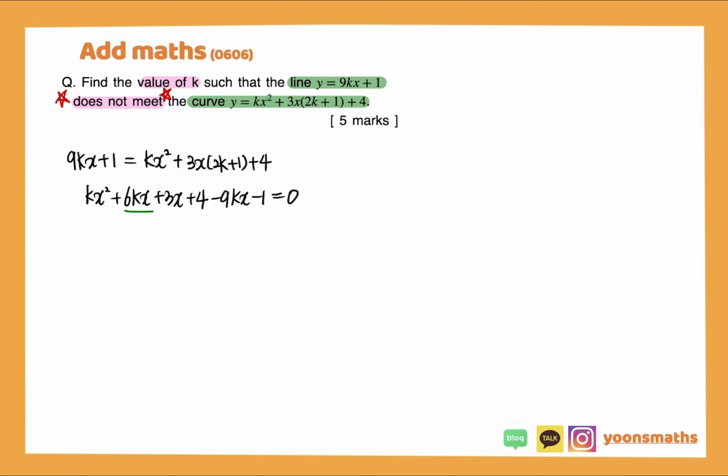These two terms have the same kx, so we can subtract them and write it as minus 3kx. And the rest is 4 minus 1, which is 3.